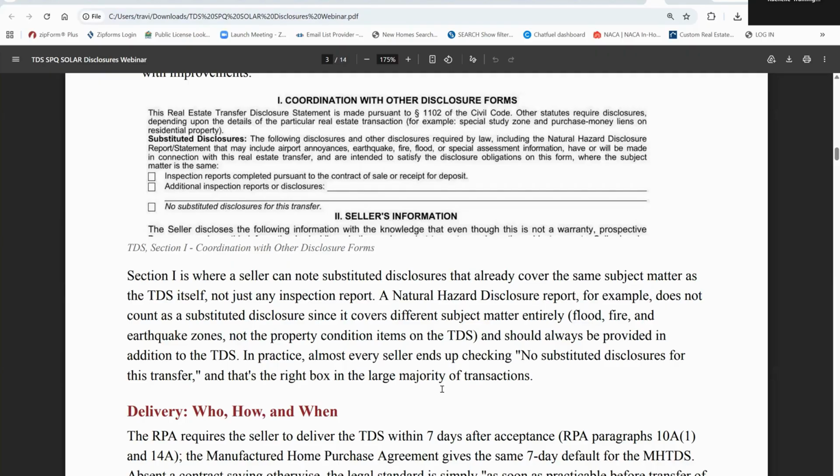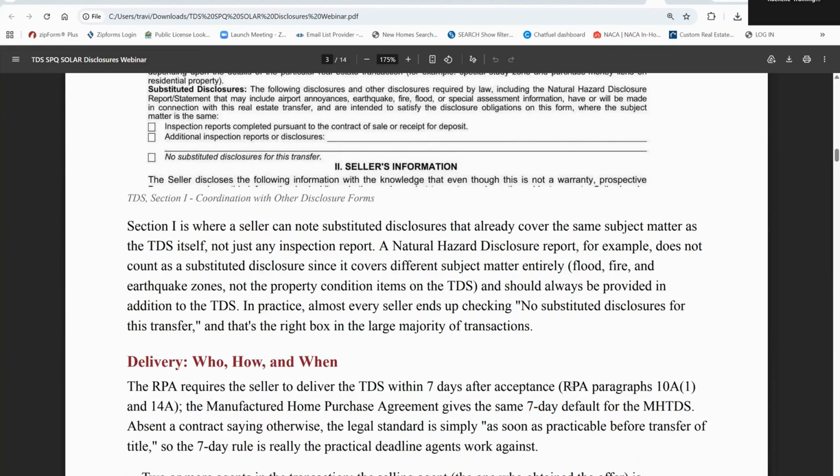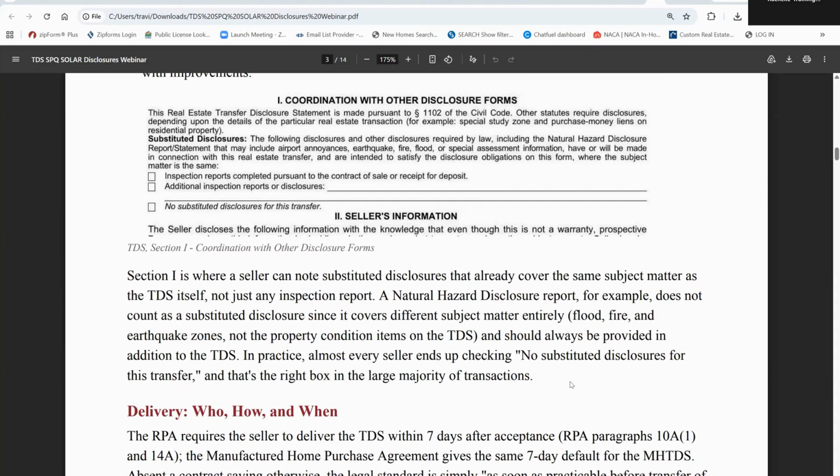And it should always be provided in addition to the TDS. In practice, almost every seller ends up checking no substituted disclosures for this transfer, and that's the right box to check in the majority of transactions. So that's typically what I recommend. If you call me and say, hey, which one? I'm usually going to say, check that box 3 there.